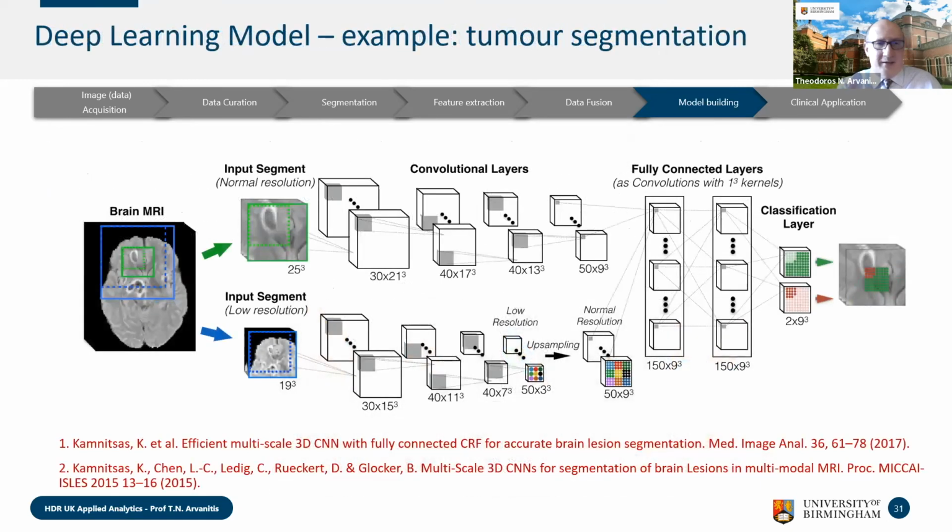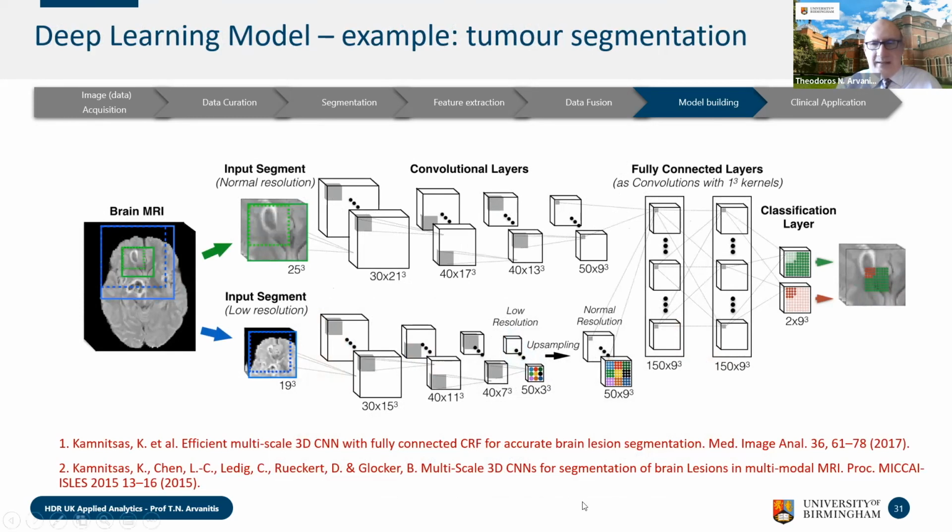And of course, as part of this exercise, we have seen interesting approaches of improved segmentation based on deep learning or convolutional networks, three-dimensional convolutional networks. And here are some examples of work that is happening in the field.